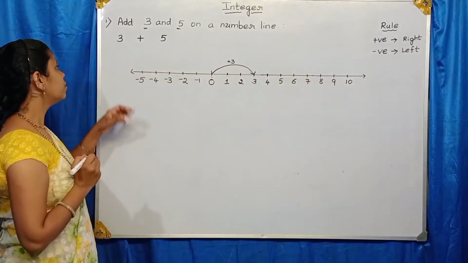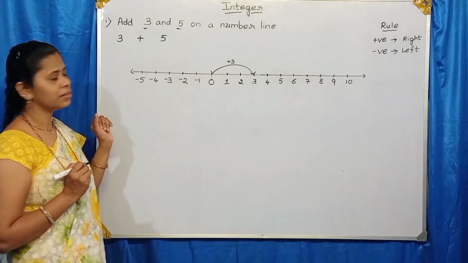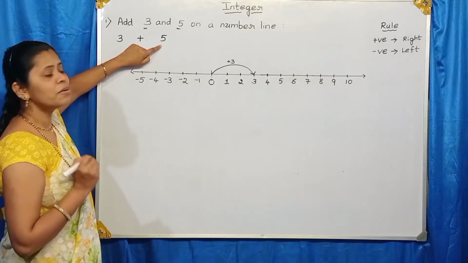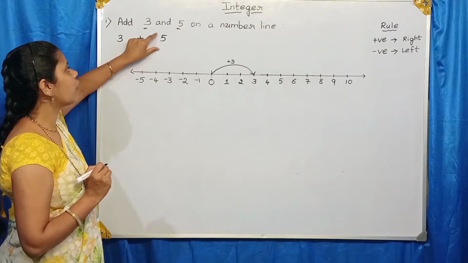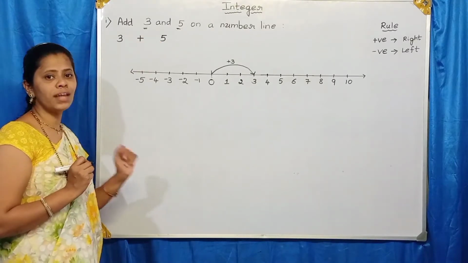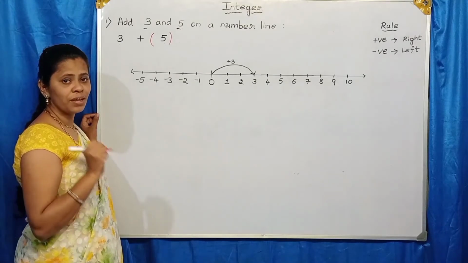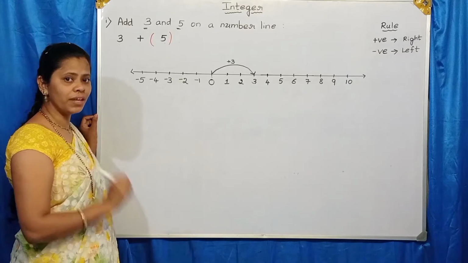See here, we have already marked plus 3 on a number line. Now, we have to mark this one. But before that, we have to see whether this 5 is positive or negative. It is positive because 5 has no sign in front of the number.